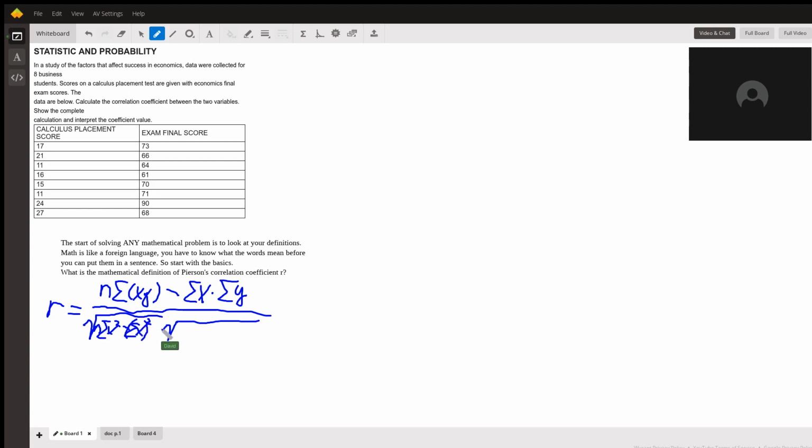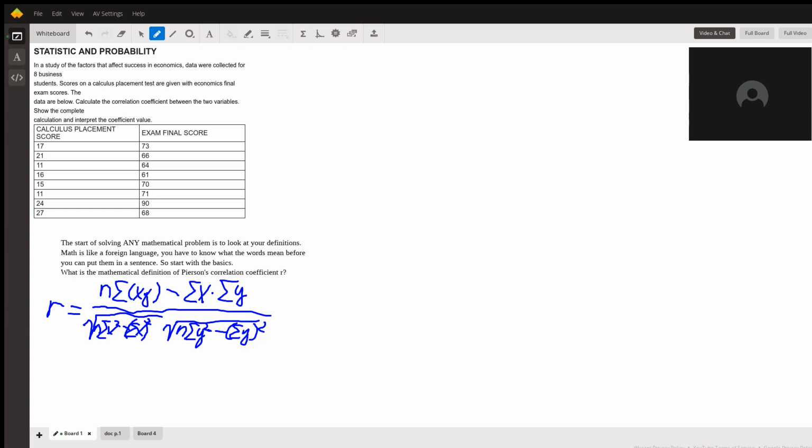We find the difference. The next one is the same thing, only with the Y's. That's going to be N times the sum of all the Y's squared. So it's the sum of the Y squares minus the sum of the Y's, taken squared. That's the formula.